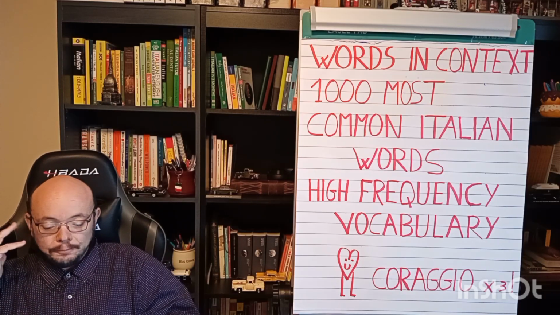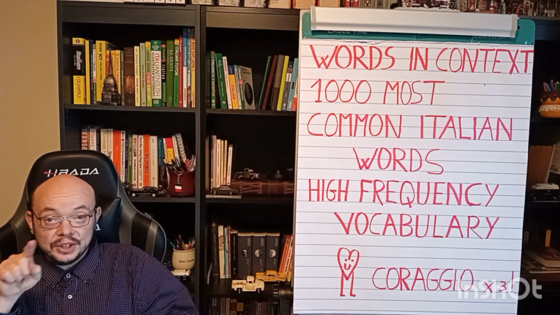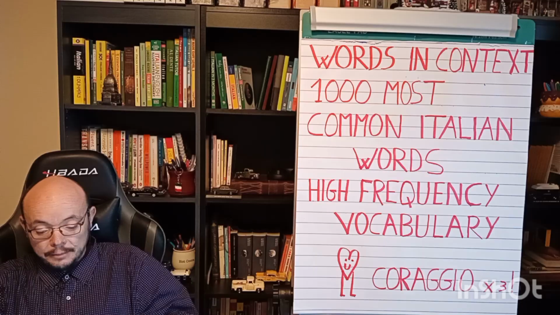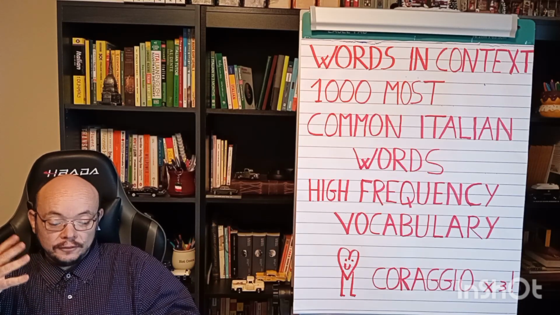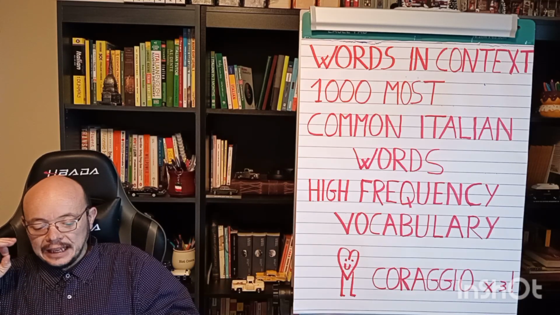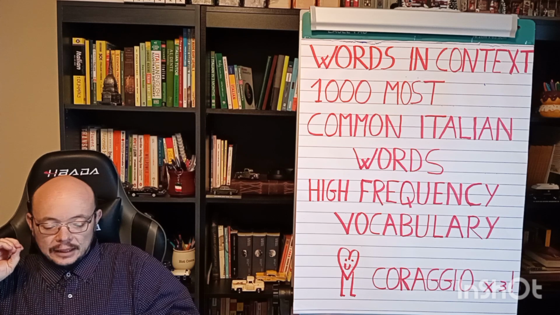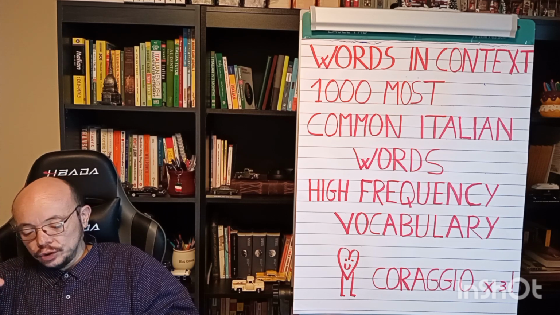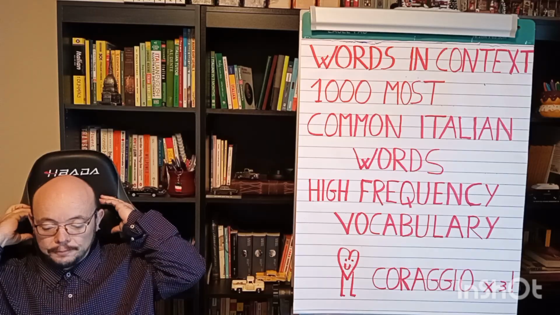In cambio, in exchange, I will promise, to who? To mom, che faccio il bravo, that I will be good. Fare il bravo means to be good. E studio tutte le materie difficili, and I study all the difficult subjects like history, geography, Italian, and math.